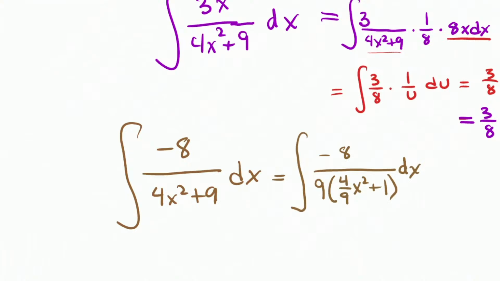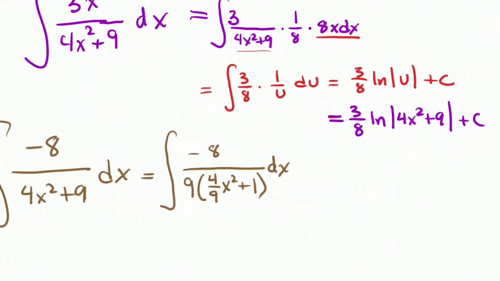Notice that 9 times this is 4, and 9 times 1 is 9. So that's legal. It's just not something that your algebra teacher told you to do. You're used to doing the other way, making things simpler. I just made things more complicated. But it's all legal algebra. Nothing fake here.